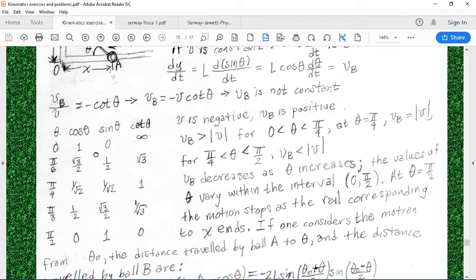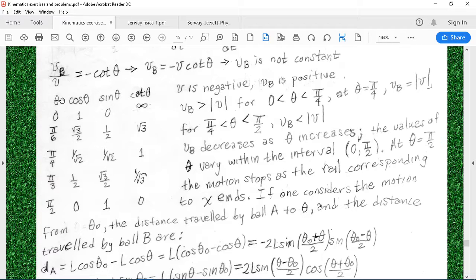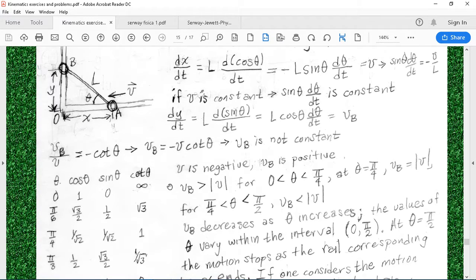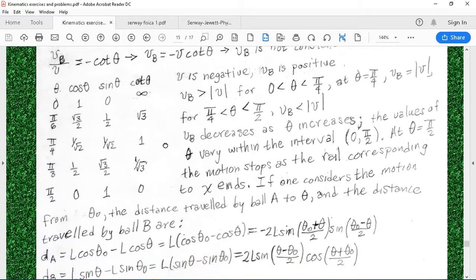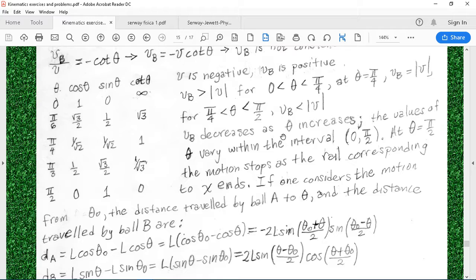Okay, here we have a small table for values of theta, cosine theta, sine theta, and cotangent of theta. This value appears given, but with respect to the physics problem, it does not correspond to a real situation. So theta should vary within the interval 0 to pi halves.